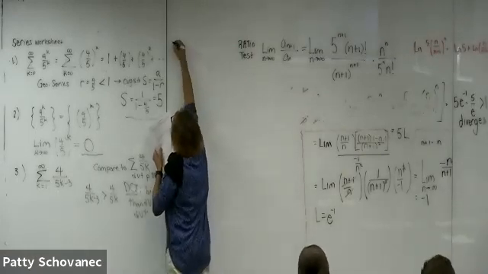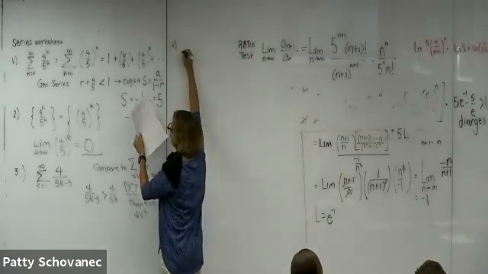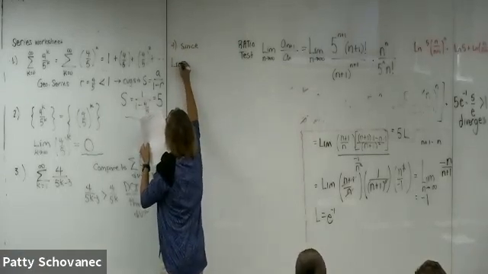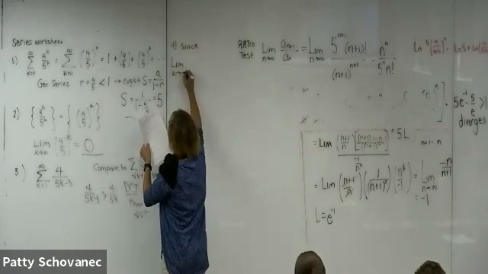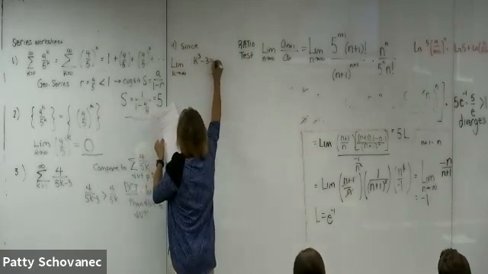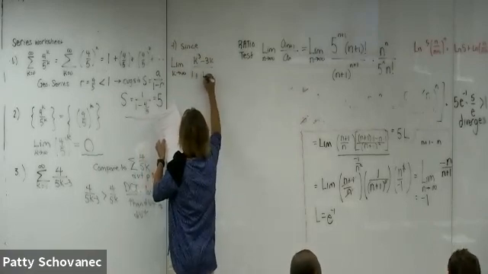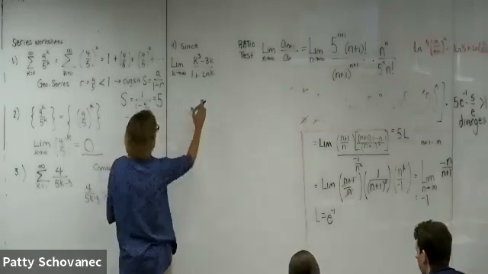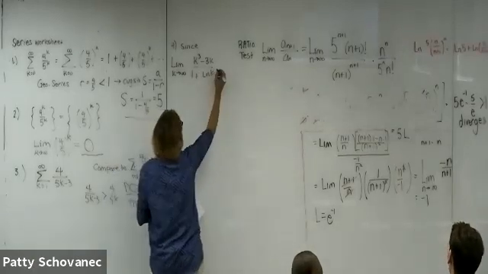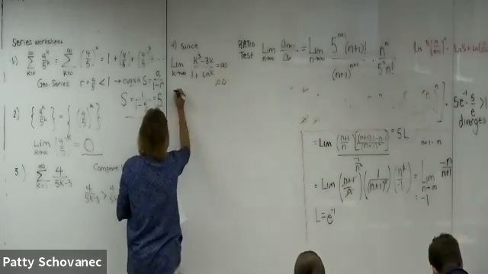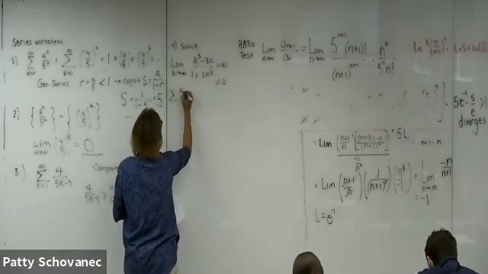Number 4, the limit does not go to 0 since the limit as k goes to infinity of k cubed minus 3k divided by 1 plus the natural log of k, right? Logarithms are real slow. So we got the slow pokes on the bottom and the fast ones on top. It's not equal to 0. The series diverges.